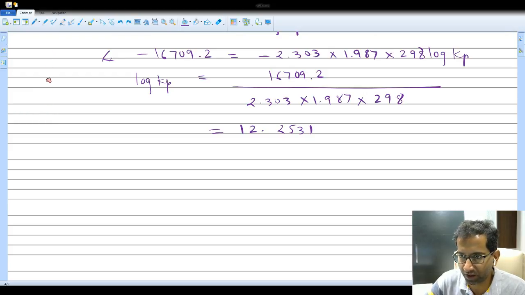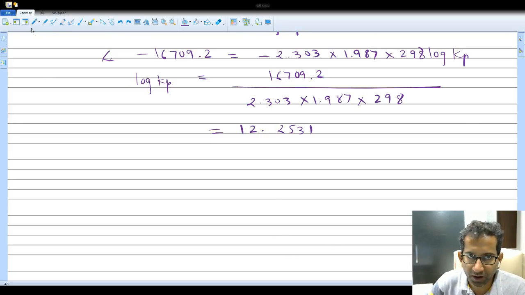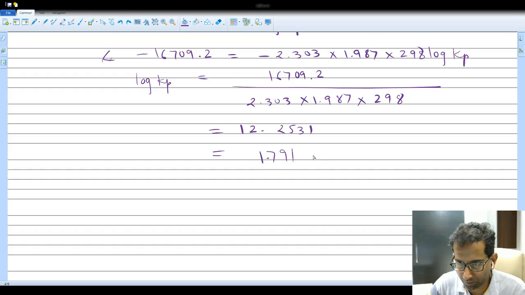Now if we check the antilog of this, 2531, it comes 1791 into 10 raised to 12.